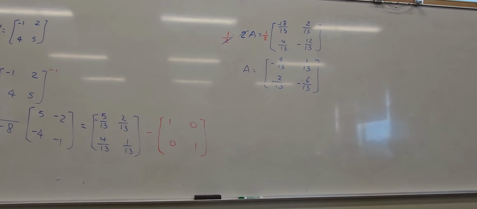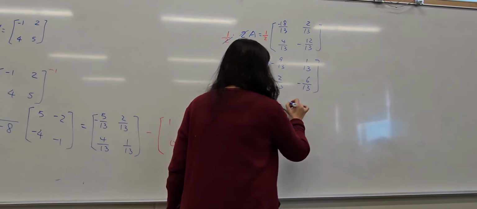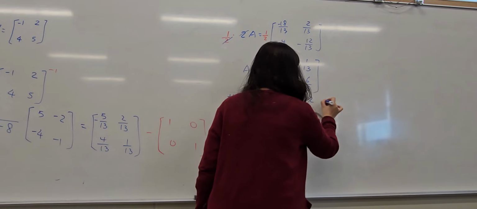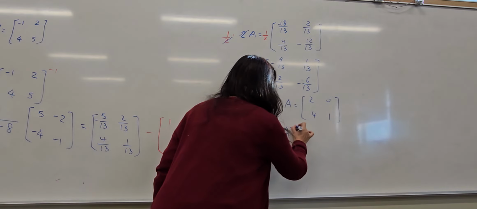It says that the exercise 19 to 20, compute the following using a given matrix A. I'm going to do C. Oh no, actually I'm going to do B. So we are given A is equal to 2041. They want to find A to the negative 3.